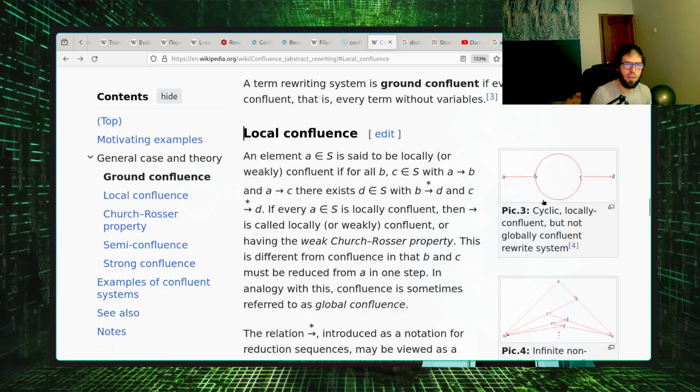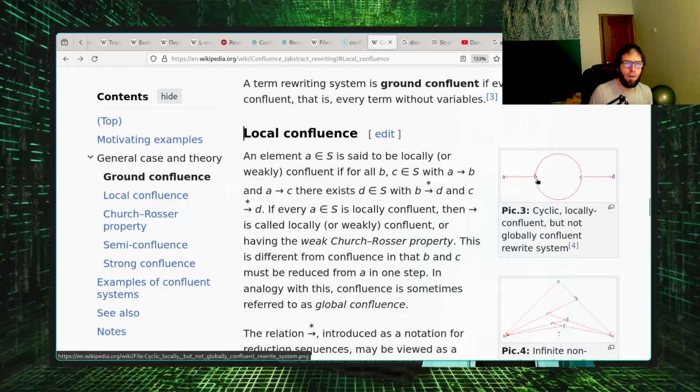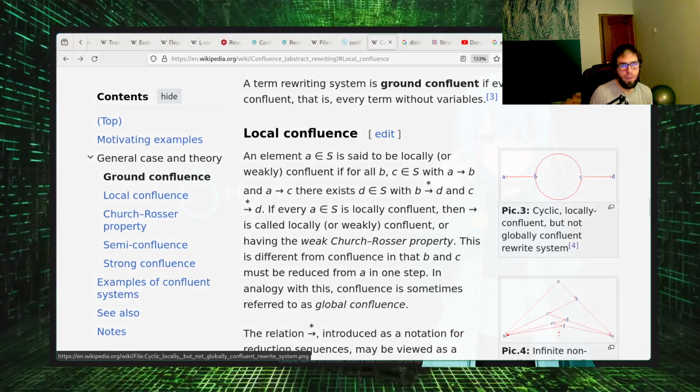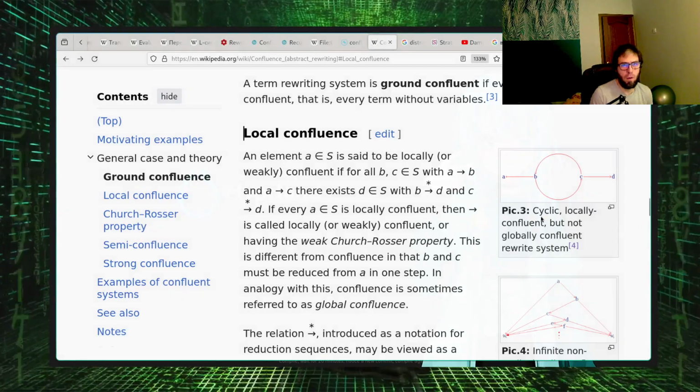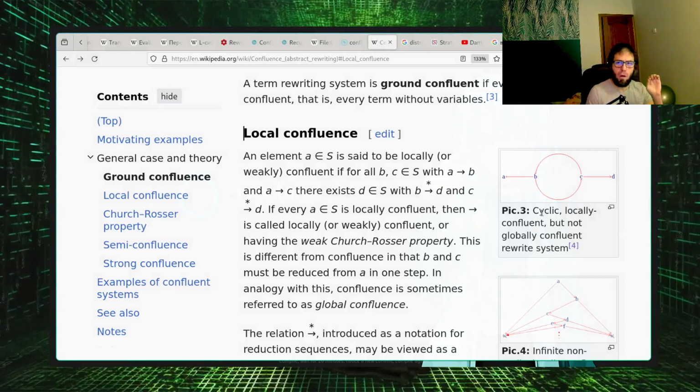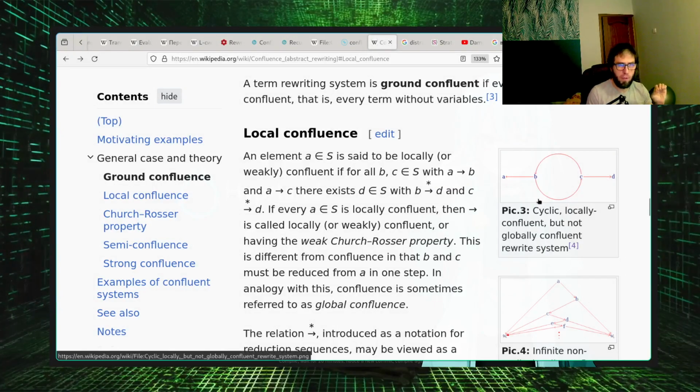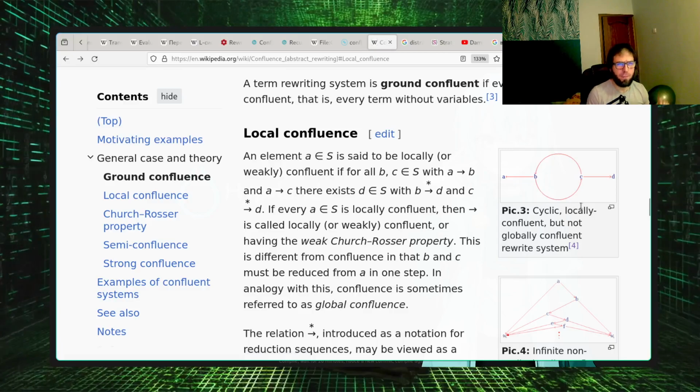Okay, B is satisfied. In terms of local confluence, B is satisfied.